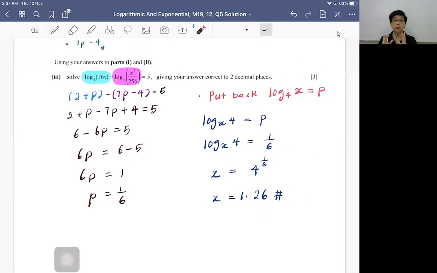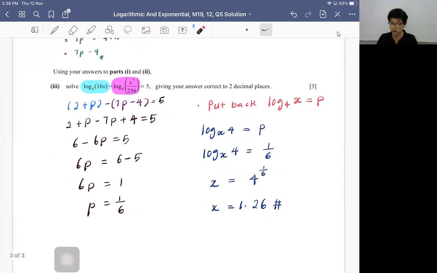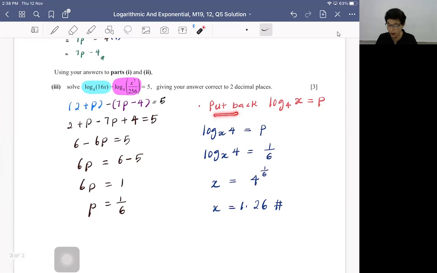And be very careful, do not conclude your answer here because the question is asking for solving, meaning it is not the p value that you are looking for, it is the x value that you are looking for. Therefore, we proceed by putting back the p into its given form, which is log base 4 of x.